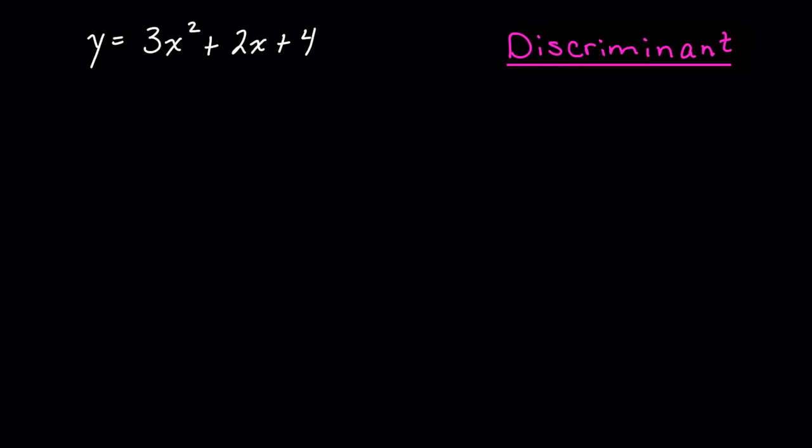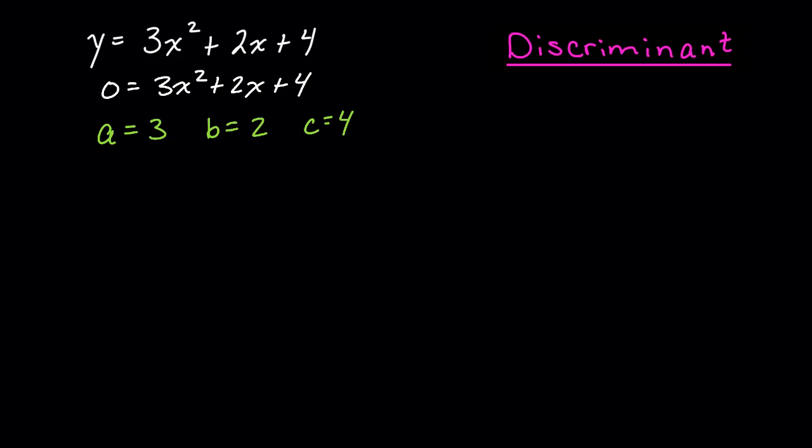All right, so if you look at the next problem, if we try to factor this, you would find out that this particular problem is not factorable. So since it is not factorable, what we're going to do is use quadratic formula. A is 3, B is 2, C is 4.